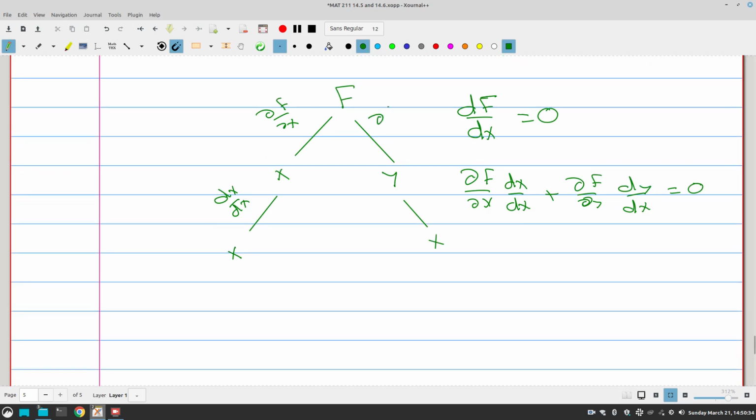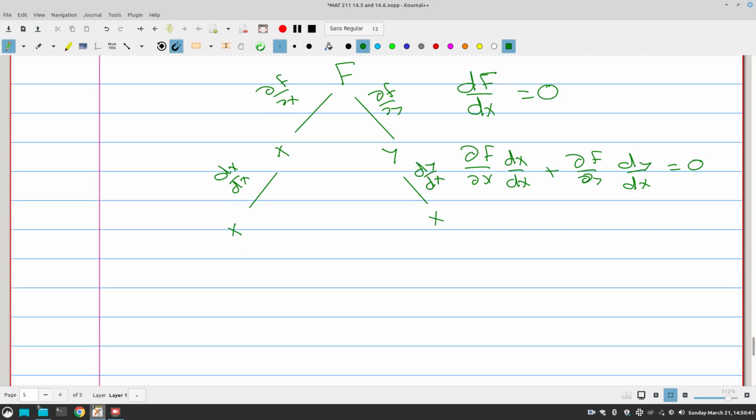So dy over dx equals negative partial f over partial x divided by partial f over partial y, where partial f over partial y is not equal to 0.